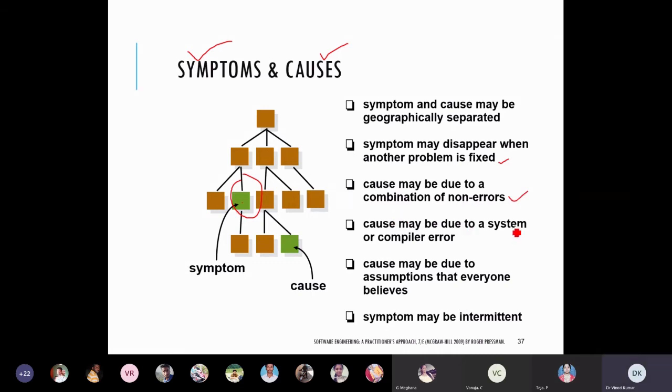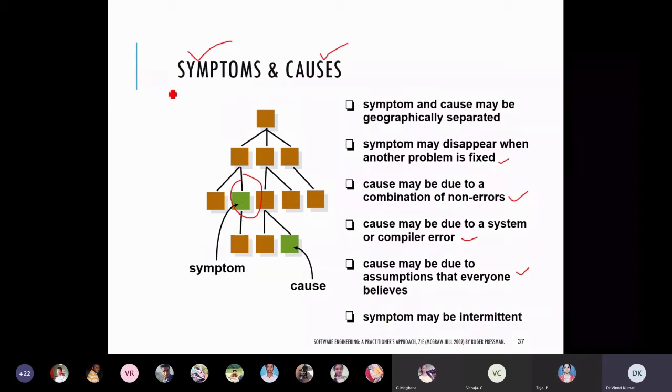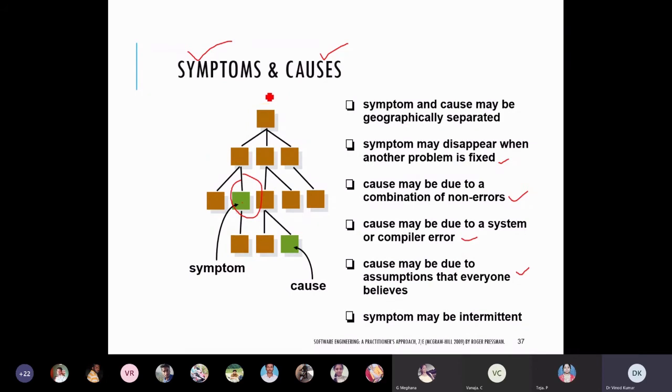The cause may be due to a system or compiler error. There are various reasons. The cause may be due to an assumption that everyone believes, and symptoms may be intermittent. So these are the symptoms and causes that we see here: the problem may be in some places and symptoms may appear in other places.